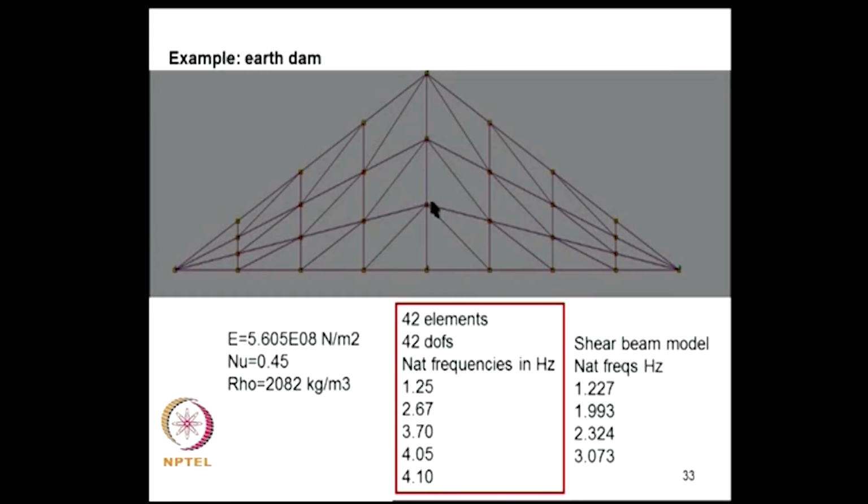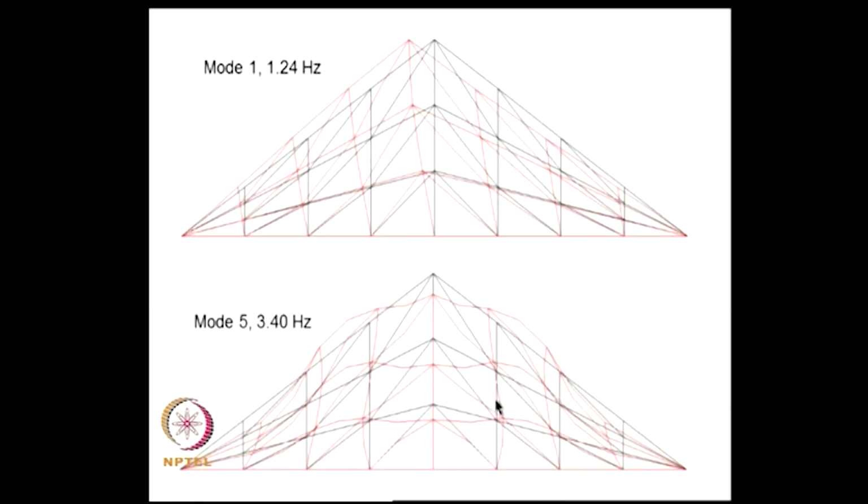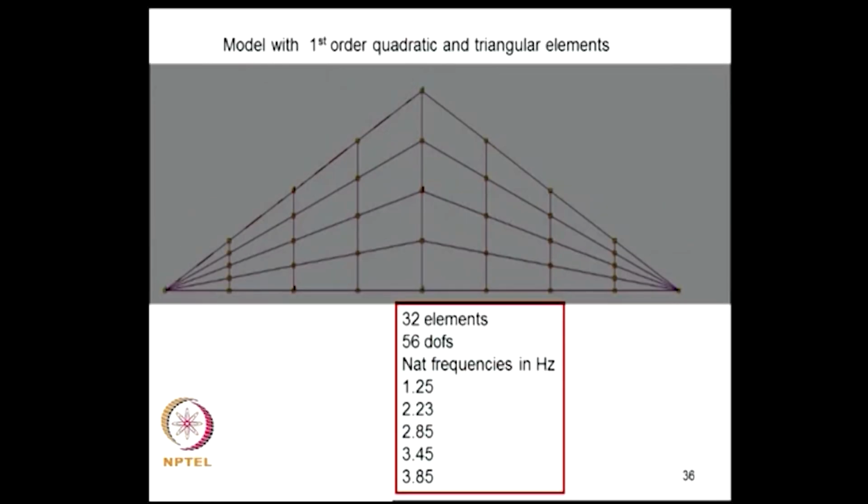So, it is difficult to pass a clear judgment on which of these two are exact. Now, these are the mode shapes from a higher order element. This is first mode and fifth mode. This matches with what we did with the coarser element, I mean first order element.